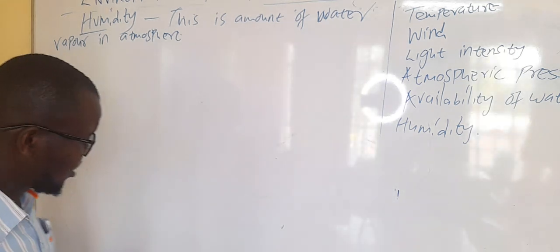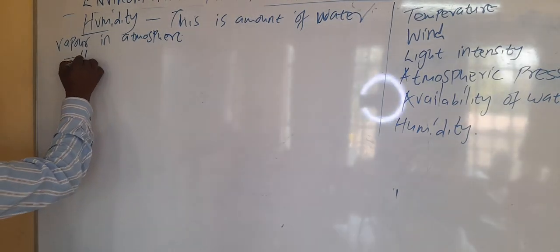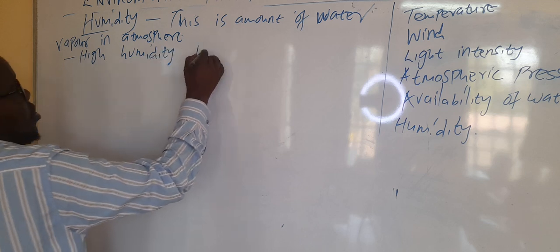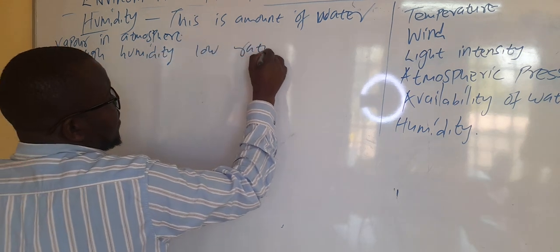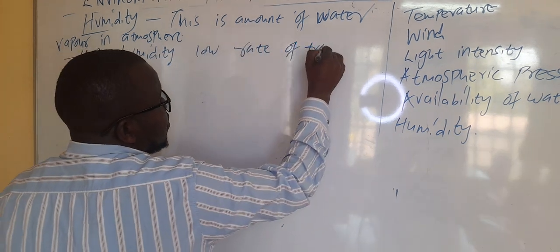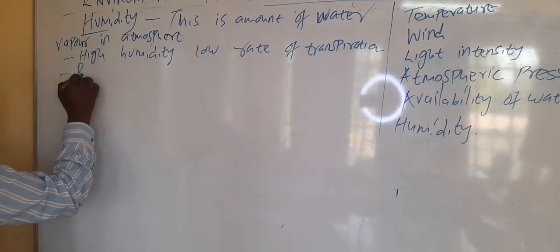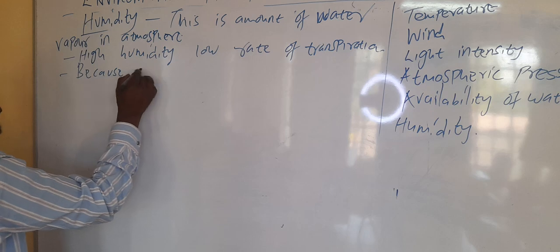Reduced concentration gradient difference. So we are speaking about what? High humidity, low rate of transpiration. The reason being because of what?